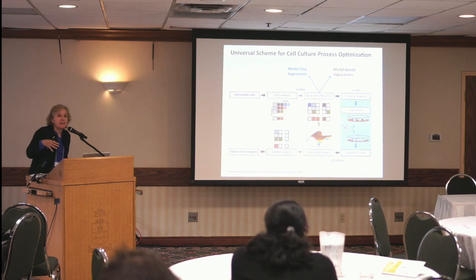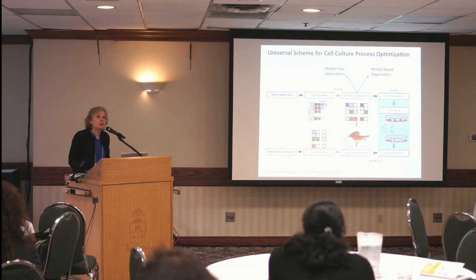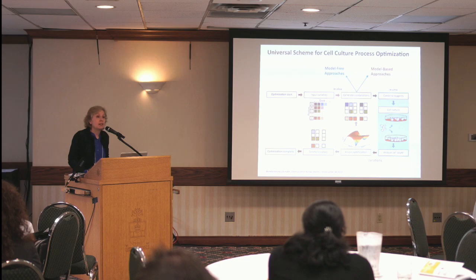So this is, in my view, the universal scheme for cell culture process optimization. The first step is probably the most difficult. You have to come up with a list of factors of interest, the factors that you are interested in studying.